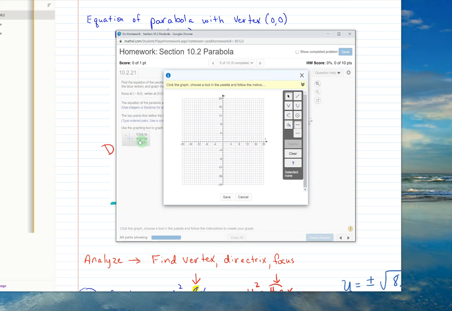So if I click there, and I know that I am going to do a parabola that opens, ours is opening to the left, so we're going to do a sideways one, and the vertex is at 0, 0, and our points are negative 8, 16, so negative 8 and up to 16, and I don't know if that did it.